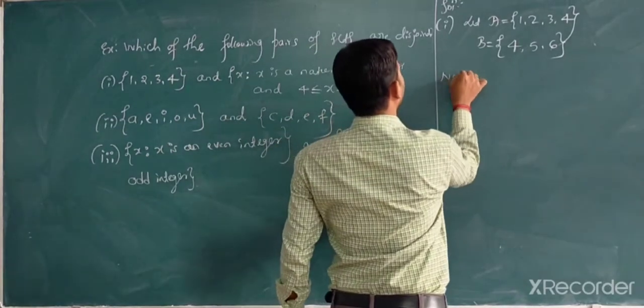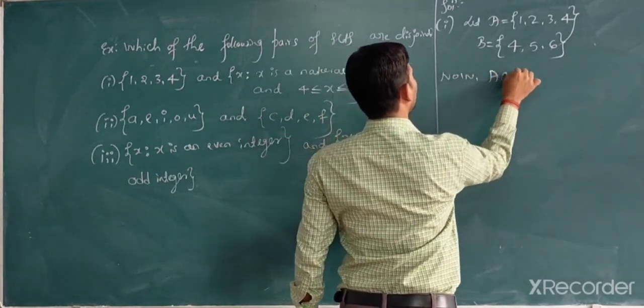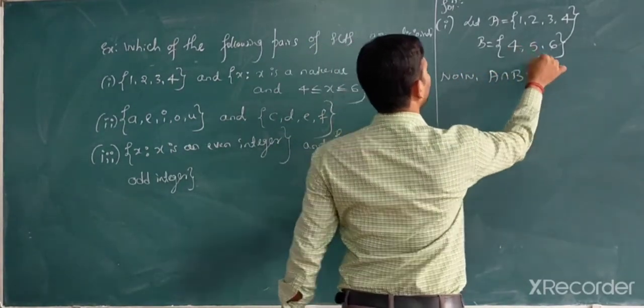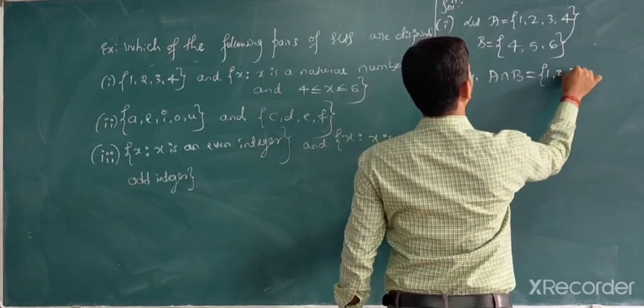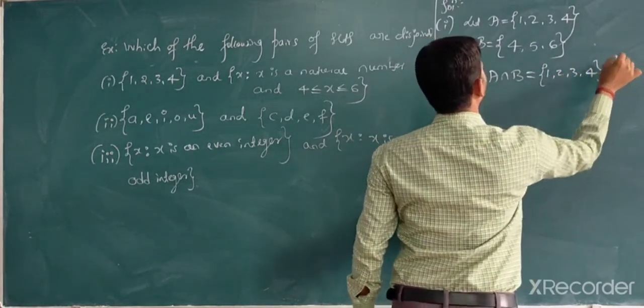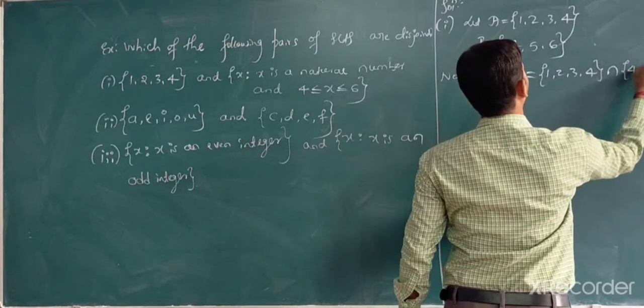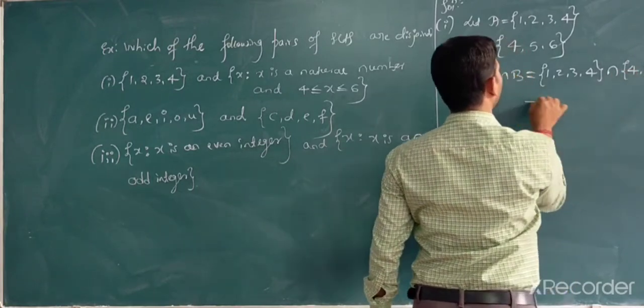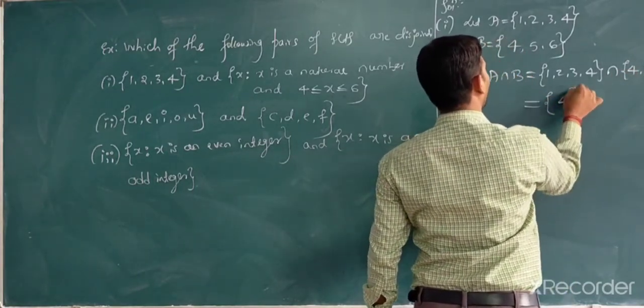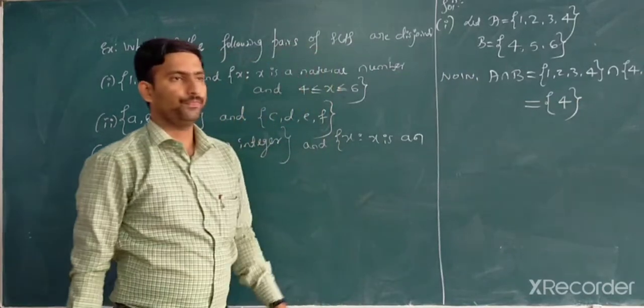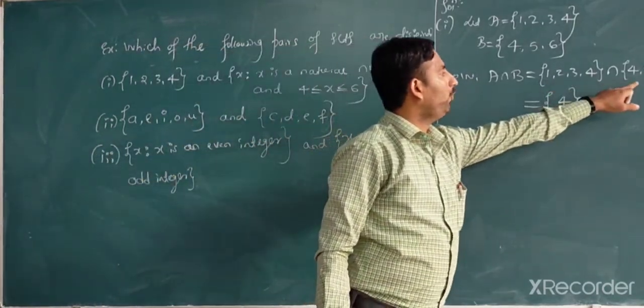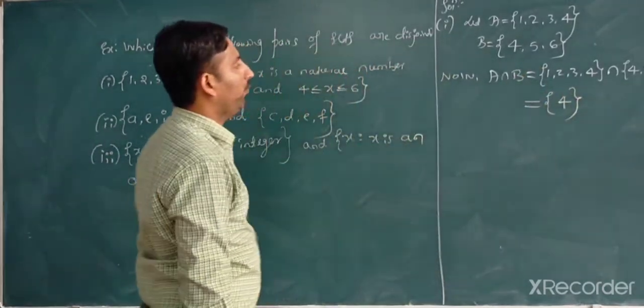Now A intersection B is equal to 1, 2, 3, 4 intersection with 4, 5, 6, which is equal to the singleton 4.